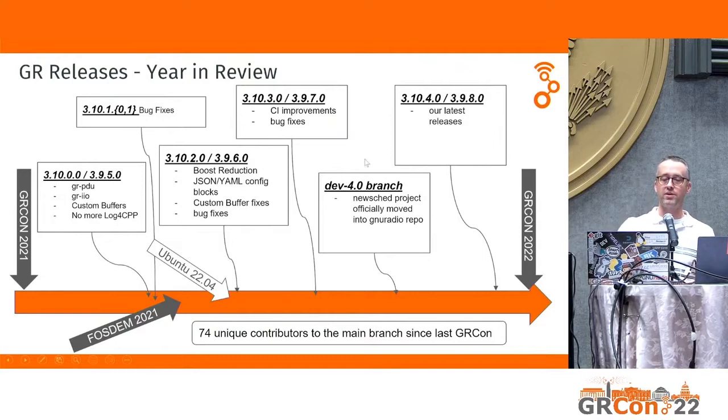So more recently, the new Sketch project, which we've talked quite a bit about in the last couple of years, moved into the main repo as the dev 4.0 branch. So that is our path forward for development towards GNU Radio 4.0, which we'll spend more time talking about. And just before the conference, Jeff put out 3.10.4 and 3.9.8, which are our latest releases, which you can grab and stay on top of things.